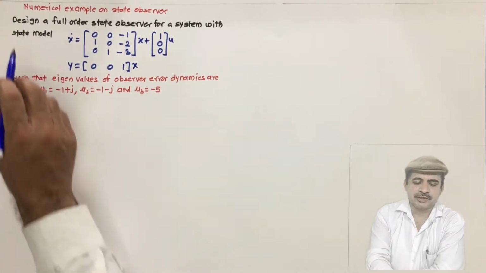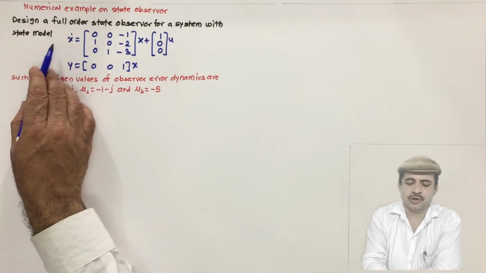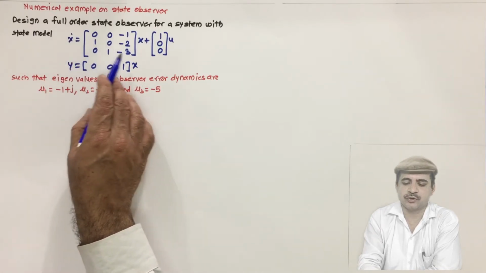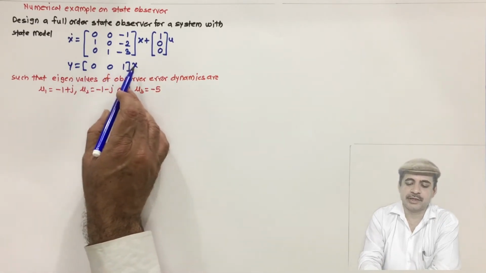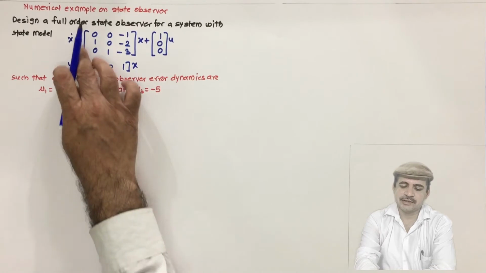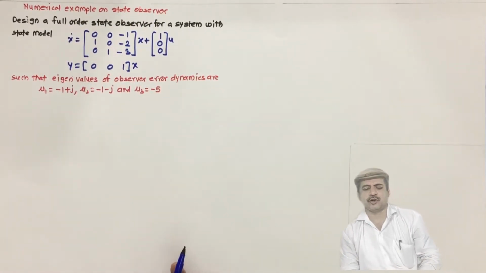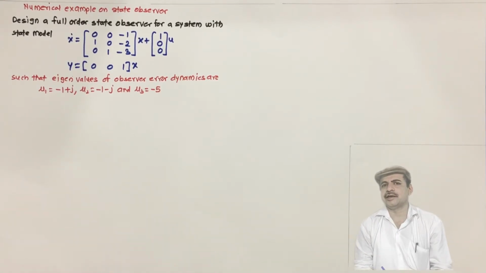So our problem is to design a full order state observer for a system with state model x dot is equal to [0 0 -1; 1 0 -2; 0 1 -3] x plus [1 0 0] u, and y is [0 0 1] x. You can see here that the A matrix, C matrix and B matrix, the entire model, is in observable canonical form, and this will lead to the identity matrix as the transformation matrix.